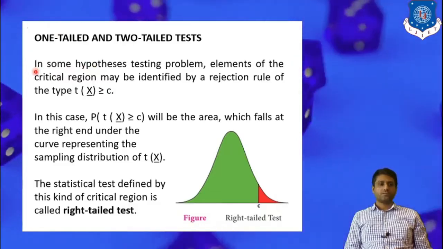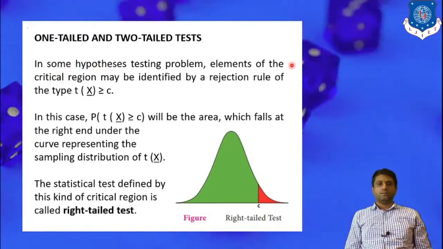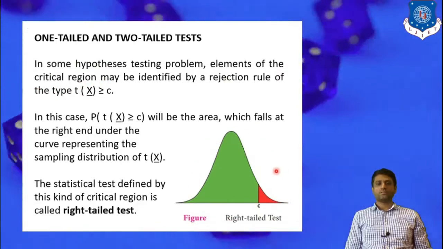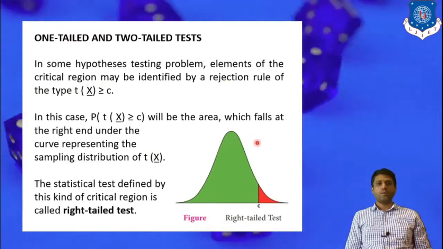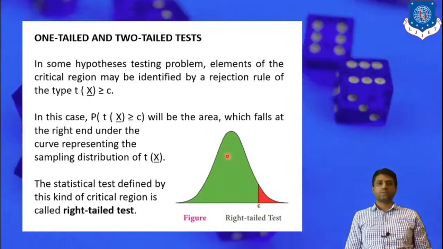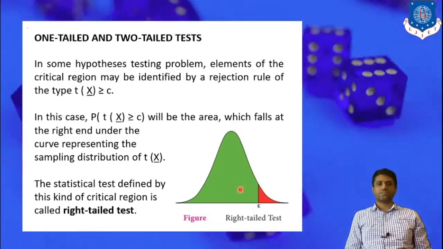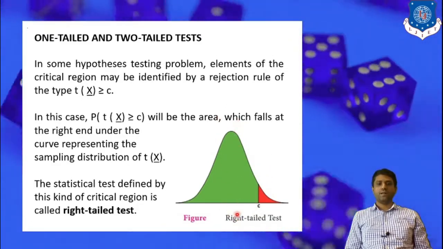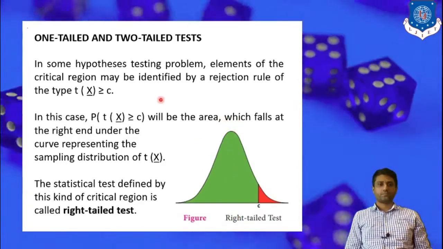So let's start. In some hypothesis testing problems, the elements of the critical region are known as the rejection region. Now remember, this is the normal distribution, the Gaussian distribution, and we know that the standard shape of this Gaussian distribution is symmetrical. This middle line is known as the mean.